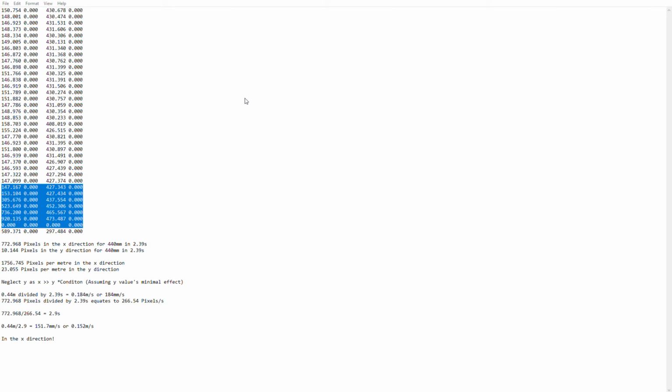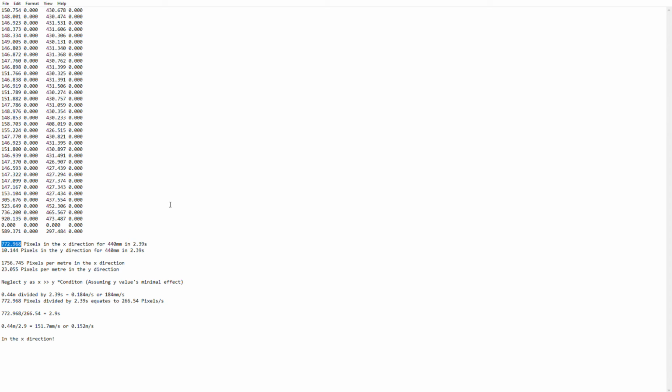Yeah, and if we have a little bit of a look at the physical measurements we did have, we already specified that it was 440 millimeters and the trial was for 2.39 seconds. In the X direction, it traveled a machine vision distance of 772.9 pixels, and in the Y direction 10.